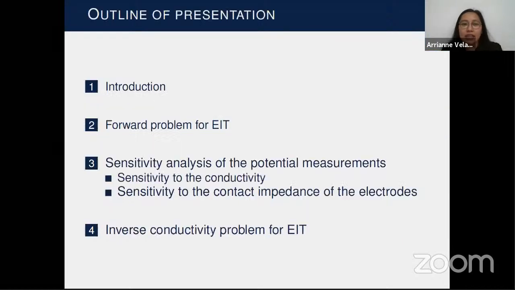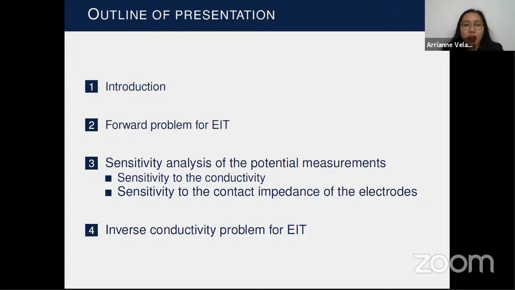So here's the outline of my presentation. I first introduce our problem, electrical impedance tomography, or EIT, and we then proceed to the first part in solving EIT, which is the forward problem.